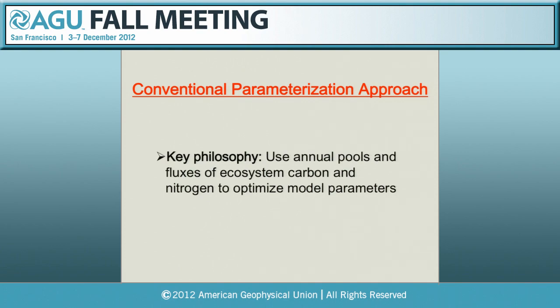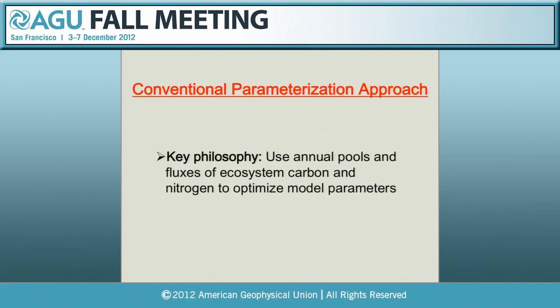In the past, because we lacked higher frequency data, we normally had annual pools and fluxes, through biomass harvesting and so on. So in the old days, this is a typical approach we used to optimize the parameters to match the model simulations against the observations, and then extrapolate those parameters to regional or longer temporal scale questions.